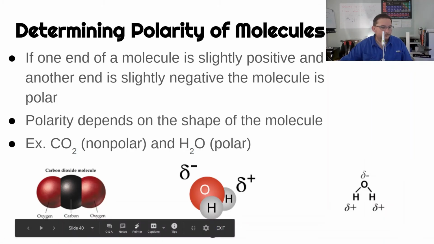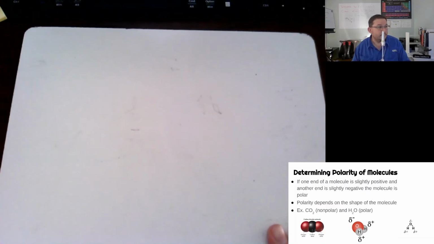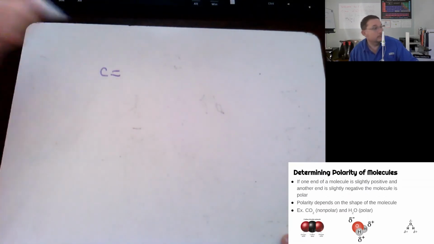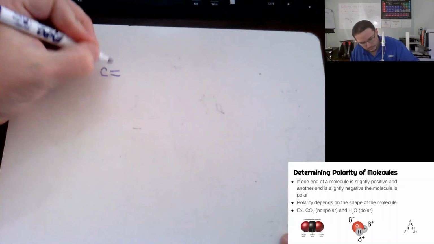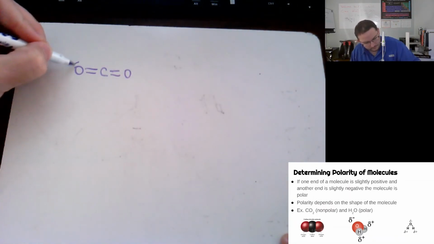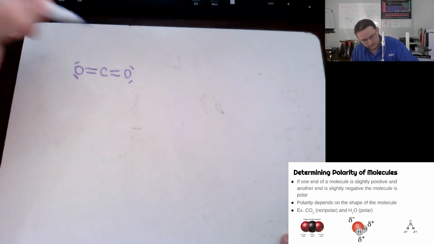So, another way to look at this, you've got this CO2 molecule here. Remember, it's a double bond on each side. I put my lone pairs there on the oxygens; it doesn't really matter here.